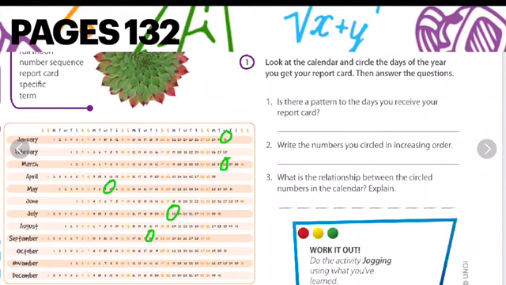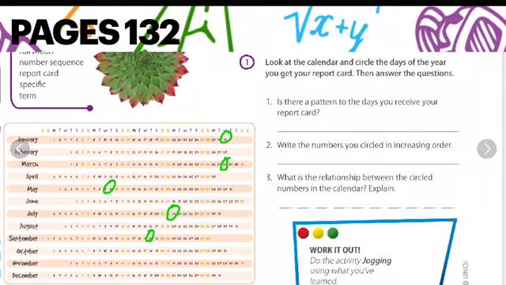Question number 3 says, what is the relationship between the circled number and the calendar? What's the relationship that you see in the numbers that you circle? Well, I see it happens every 2 months on the last days or the last week of the month, maybe. Or I see it happens every 2 months on the first weeks of the month.